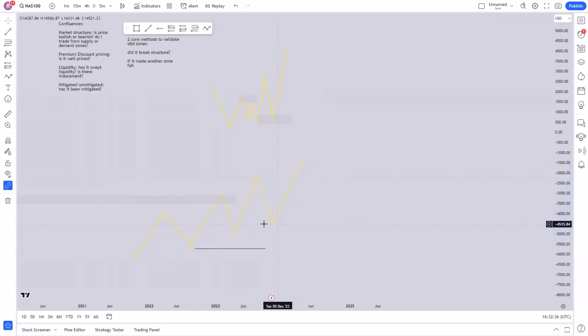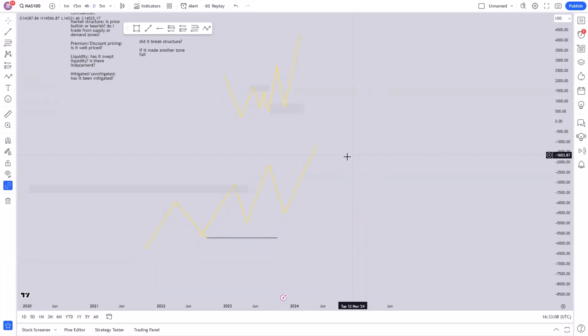In the same sense here, we've come down, come up here, we've got supply here, came down, got a reaction, but we didn't break this low. So we've mitigated it, caused the supply zone to fail, in turn creating a fresh demand zone here because it took demand to step in. It took the buyers stepping in with a lot of money to break this structure. So we've caused a fresh demand zone here, came down, mitigated the demand zone, and gone off.